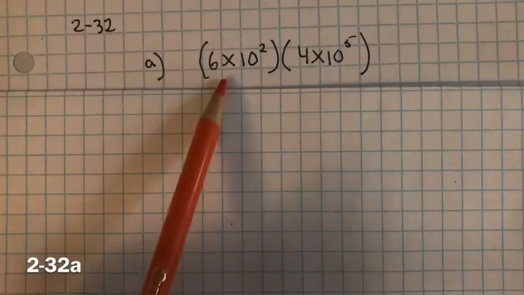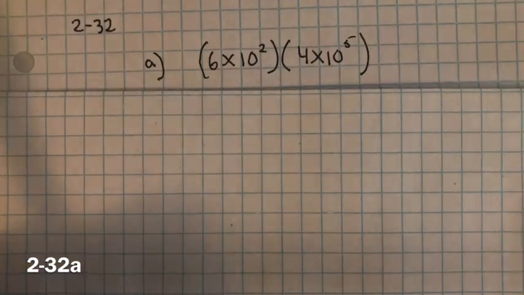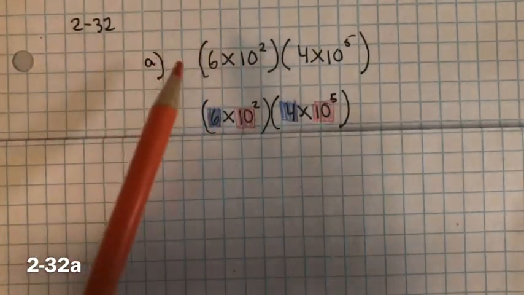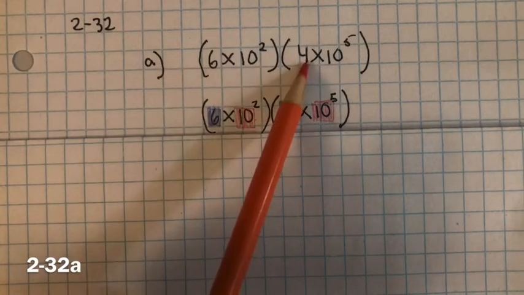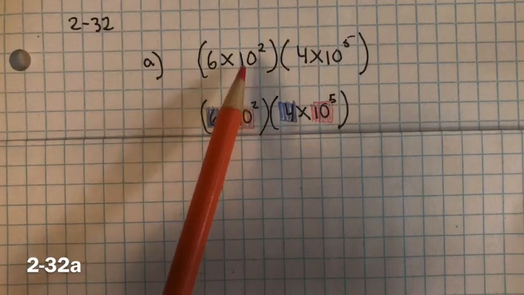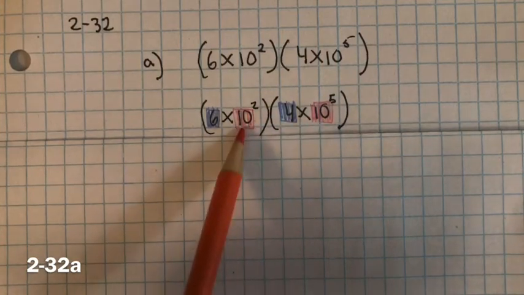So we're going to multiply these two terms. And you can only multiply when you have like terms. So we have 6 and 4, and then we have exponents with the same base. We can multiply those two.